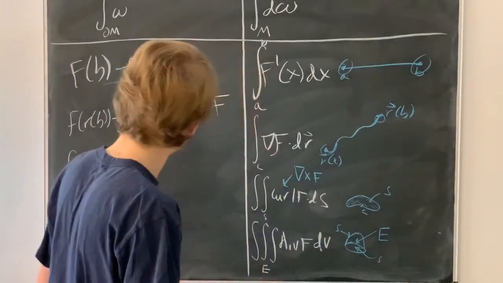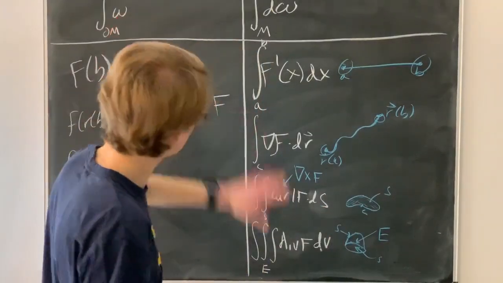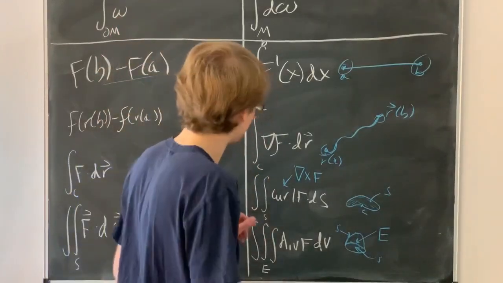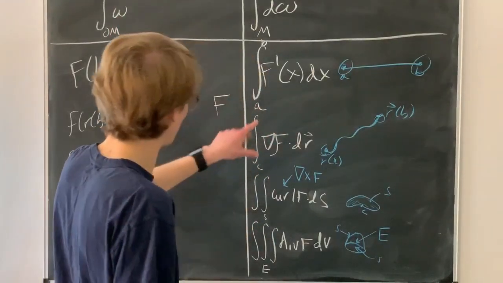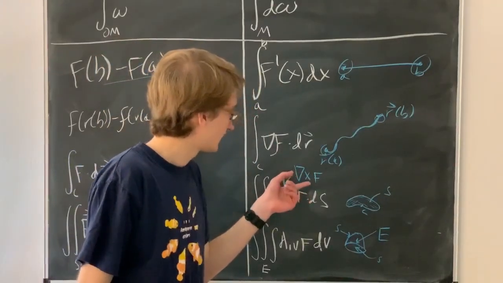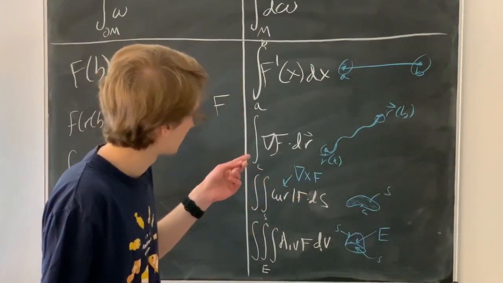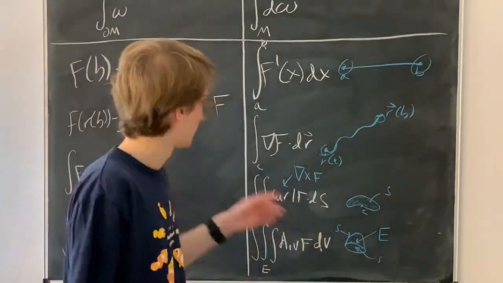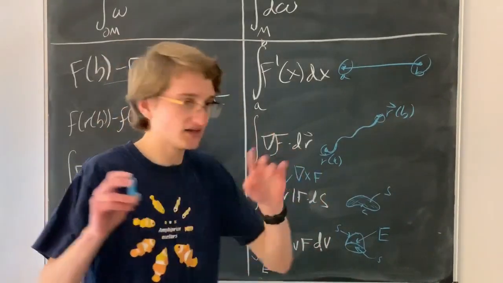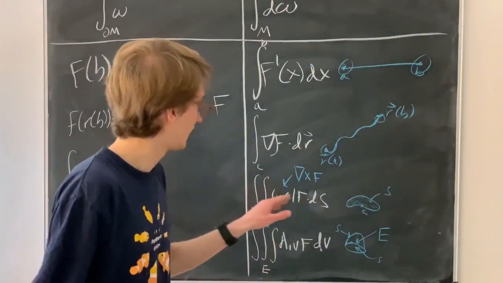Okay. Well, let's look at these and see how they relate to the general Stokes theorem. So we talked about this and this. The curl of F, as I said, is merely a form of a derivative. That's what the gradient pseudo-vector is, and I won't go into that.